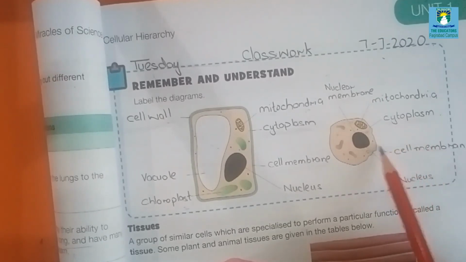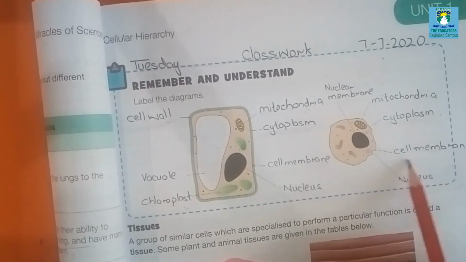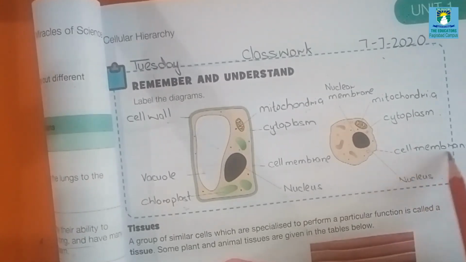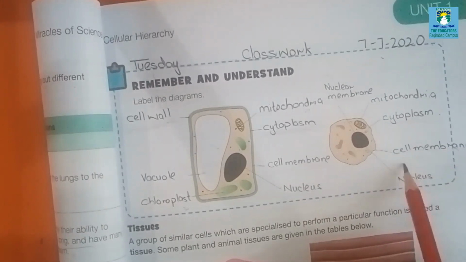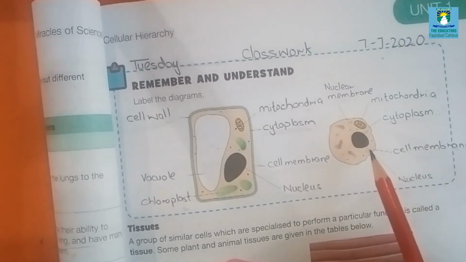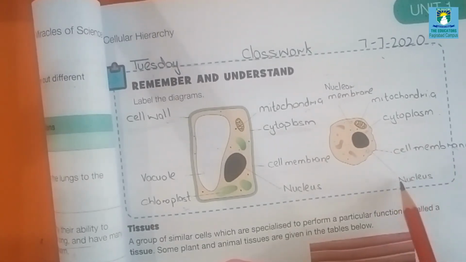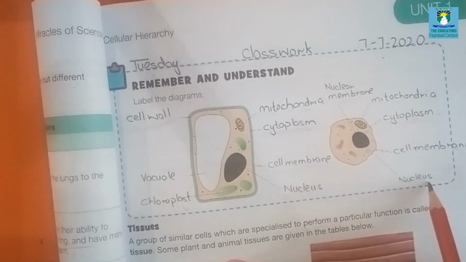There is no cell wall in animal cells, so the outer layer is known as cell membrane. The center part is known as nucleus. It's enough for today.